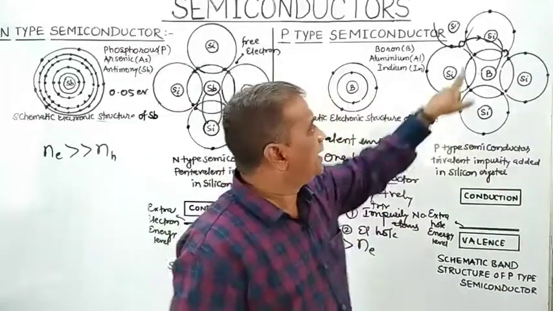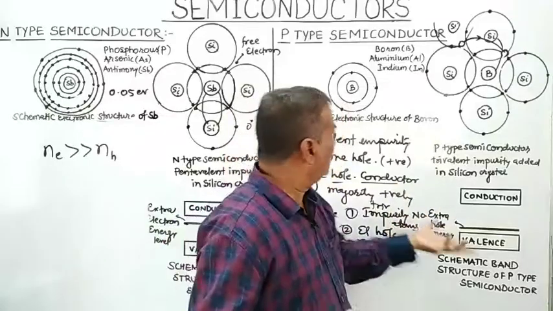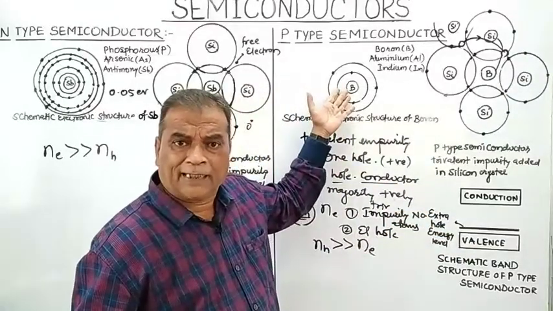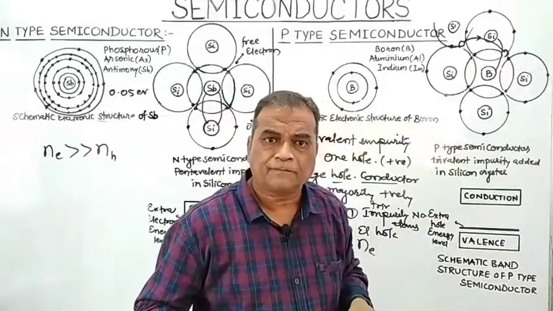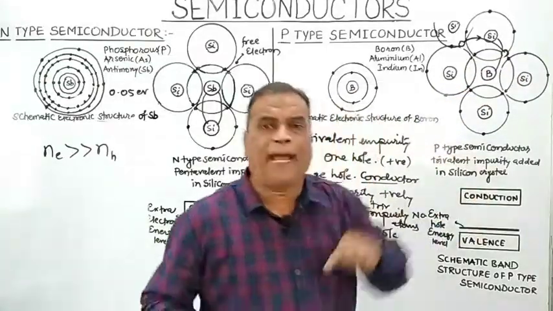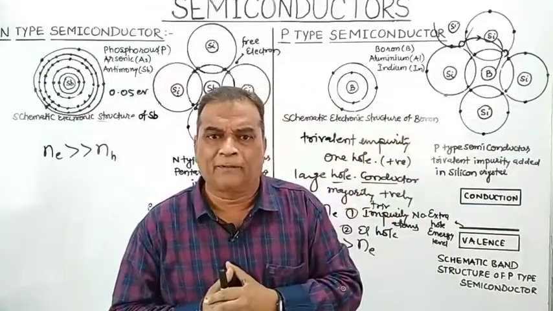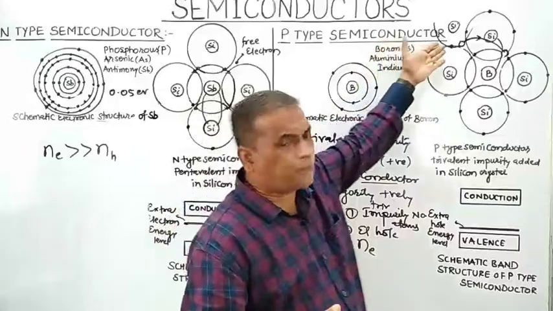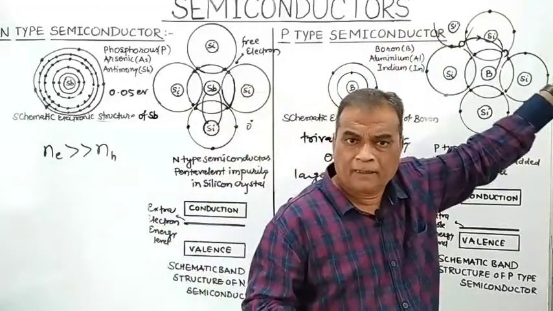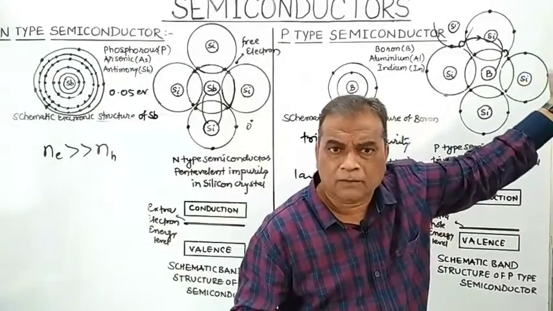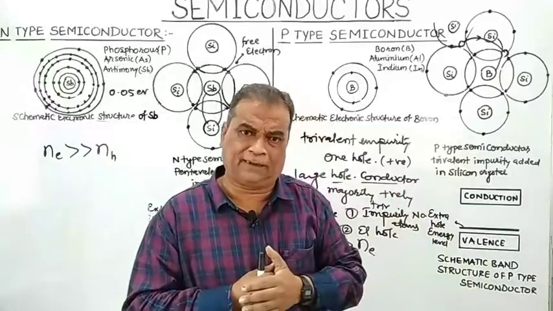But remember, the energy level of the hole created by the trivalent impurity atom lies in the band gap, near the valence band, so that electrons from the neighboring atom can occupy the hole and can be made available for conduction of electricity.